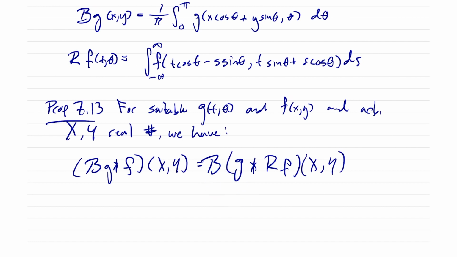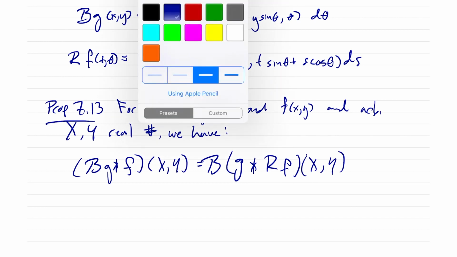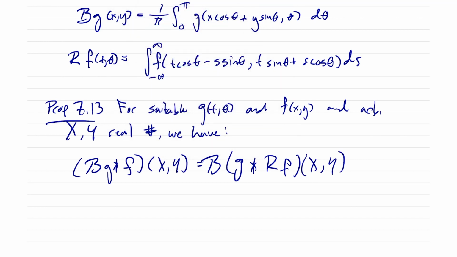All right, so basically the idea is, if you take the convolution of the back projection of g with f, it is the same as the back projection of the convolution of g with the Radon transform of f. Now, as an aside, you can get an idea of why the back projection actually did any good in the first place when it wasn't the filtered back projection.